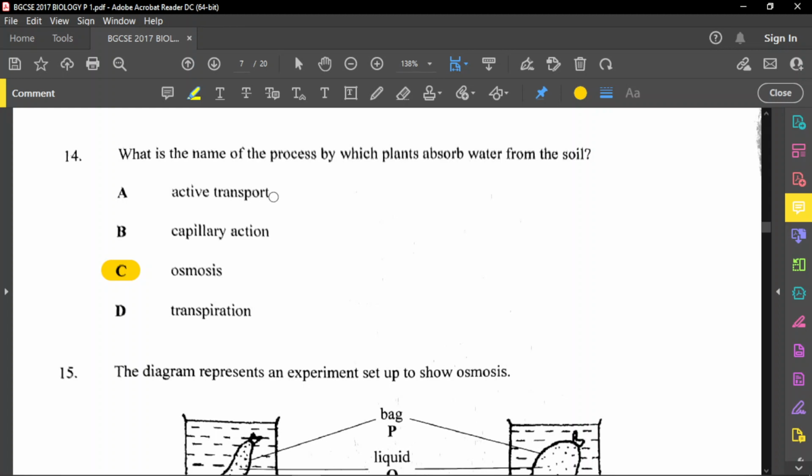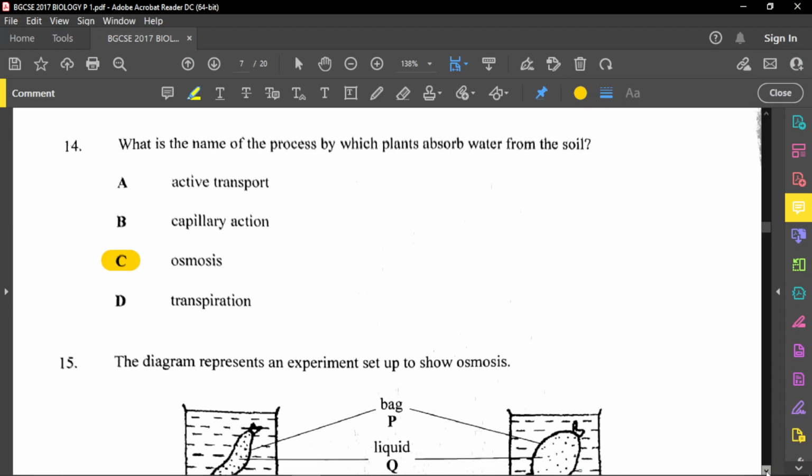Active transport in the roots is for nutrients. Make a note that nutrients will enter the root hair cell by active transport, because the nutrients are going against a concentration gradient, moving from a low concentration to a higher concentration. So they require some form of energy. Active transport is when energy is required, especially going against a concentration gradient.